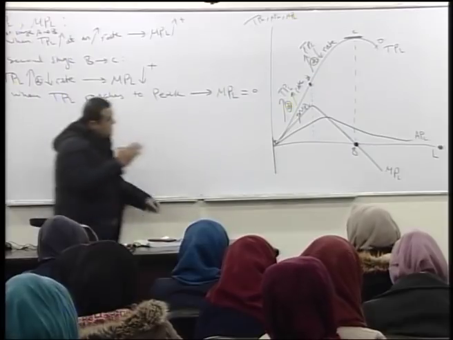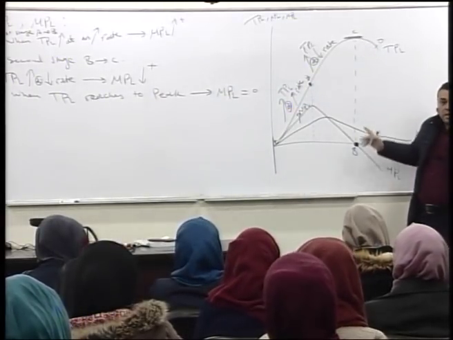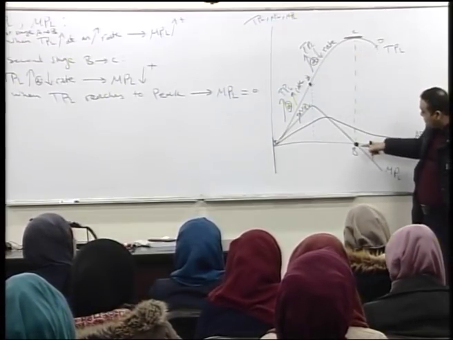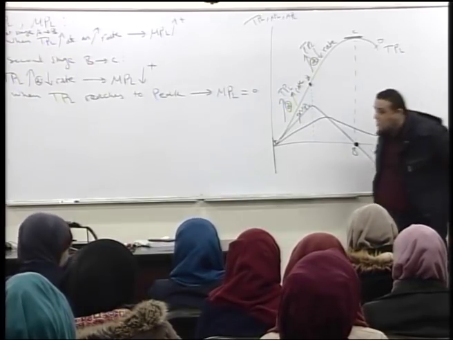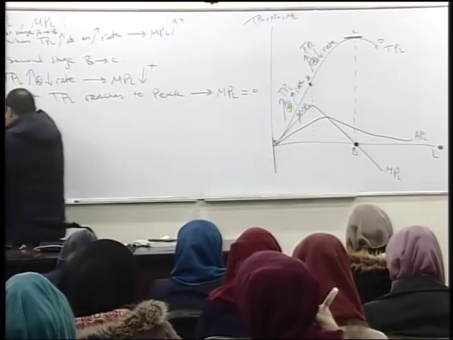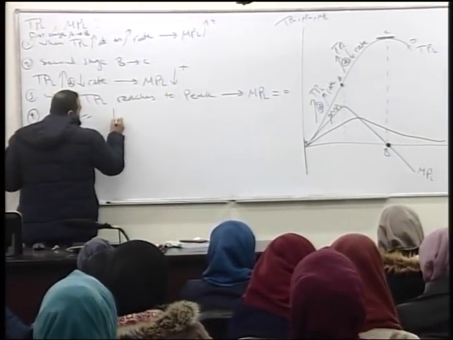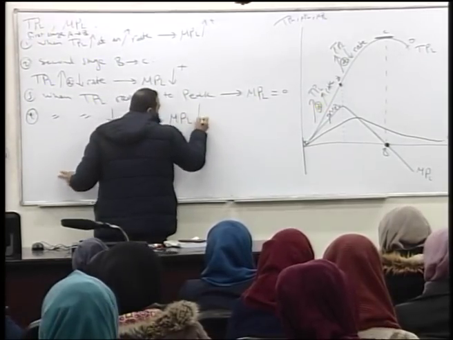In the last stage, from C to D, when the total production is decreasing, MPL is decreasing and negative. So, number 4, when TPL is decreasing, MPL is decreasing and negative.